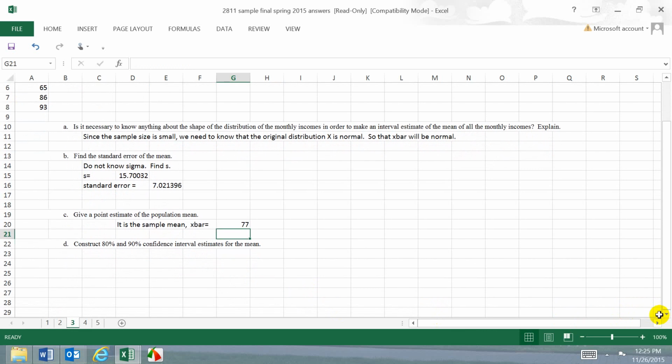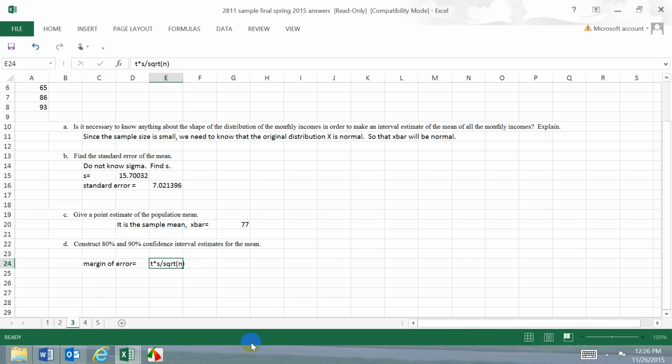Now, as compared to the previous case, since the standard deviation of the population is unknown, we're using S, the standard deviation of the sample, and therefore we have to use T. So the margin of error is going to be equal to T times S over the square root of n.